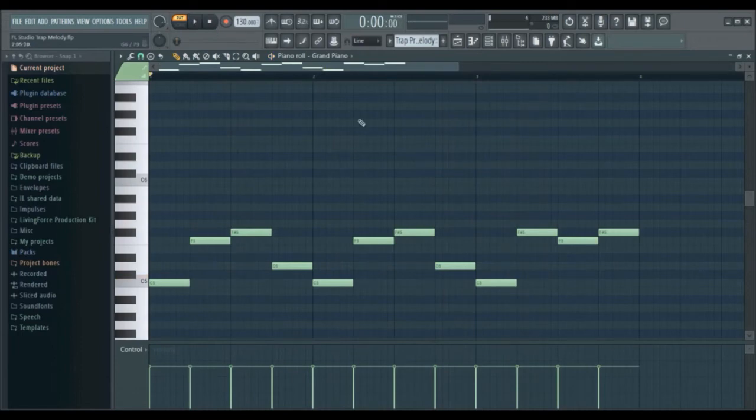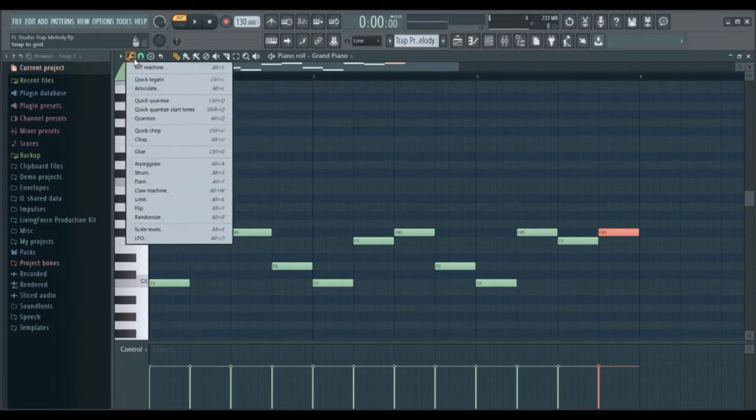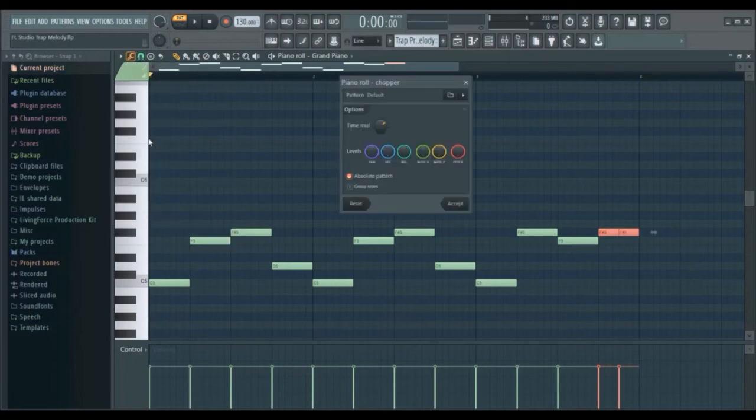Okay, now let's add some movement to our third measure. Now let's do a chop. Let's cut this to eighths. We go to chop. There we go. We have our eighths.